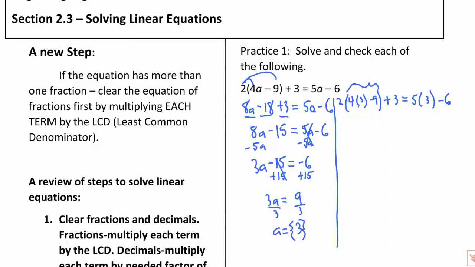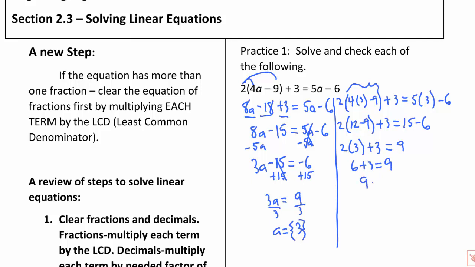So multiplication happens first. 4 times 3 is 12, then minus 9, plus 3 is equal to, on the right-hand side, 5 times 3 is 15, minus 6. 12 minus 9 is 3, so that gives me 2 times 3, plus 3, and 15 minus 6 is 9. 2 times 3 is 6, so that's 6 plus 3, and 6 plus 3 equals 9.